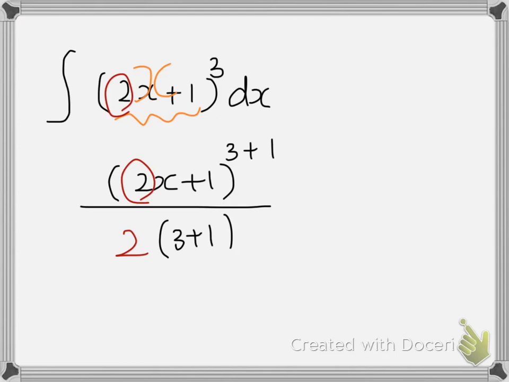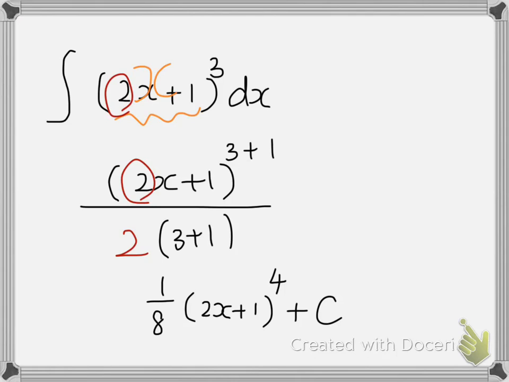So this is what it means. Again here, 3 plus 1 is a 4. Times 2 is 8. So 1 over 8 times (2x plus 1) to the power of 4, plus c. Okay? So this is how we go.